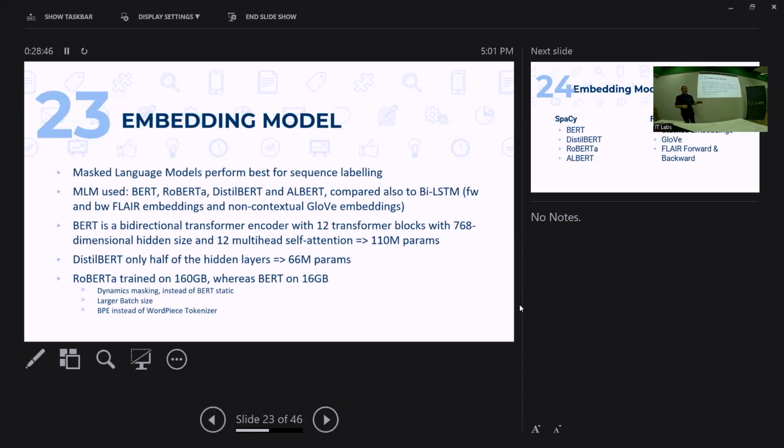In order to be more robust, RoBERTa is actually changing the mask throughout the epochs. In this way it learns and is more robust. It also uses a larger batch size, which is just good for training performance, because when we have a larger batch size, we improve the performance.